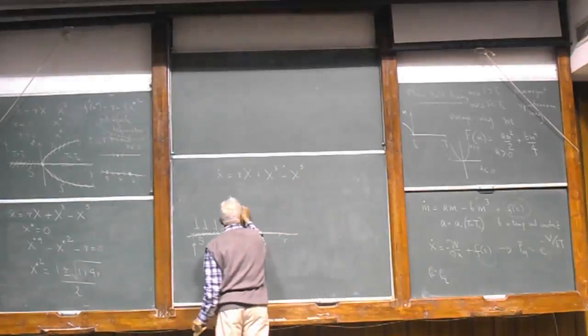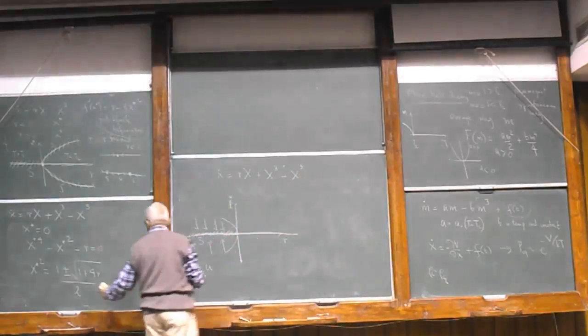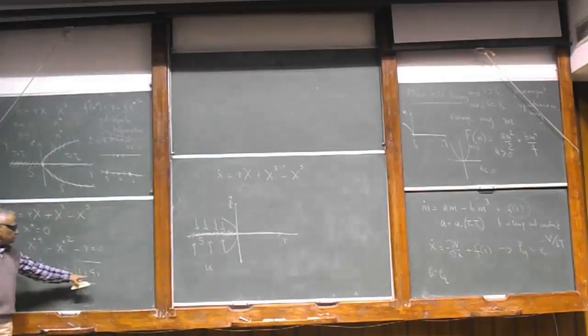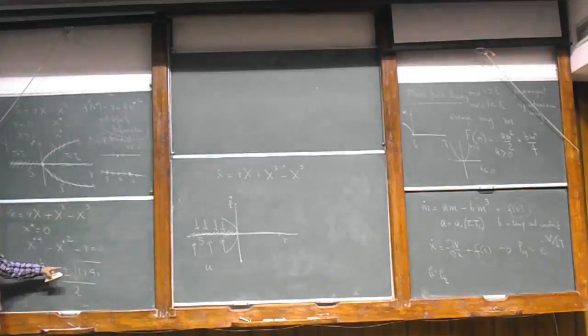So here this is 1, and after that it increases with increasing r. Eventually x star goes like r to the power 1/4.